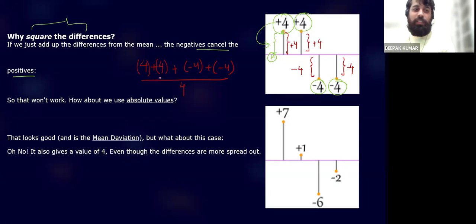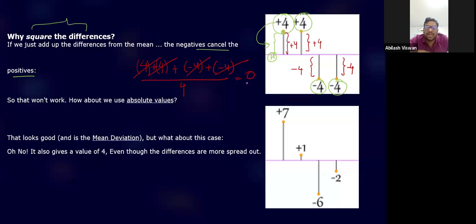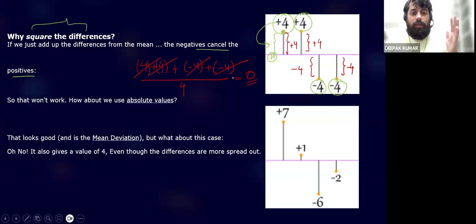So what happens? They cancel each other. Can you see? They cancel each other. So this becomes 0. If we are only adding them algebraically, there are situations when the variance is not even visible because the answer becomes 0.